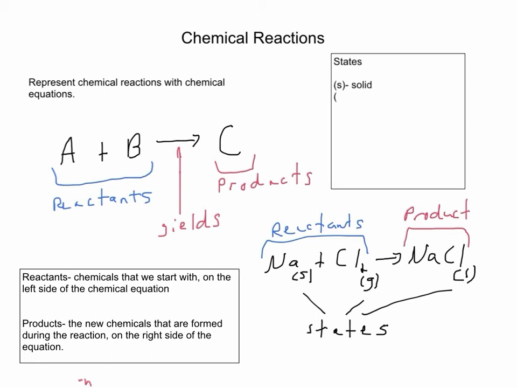We also have l, and l is liquid. We have g, and that's going to stand for gas. And the last state that we could have is aq, and this stands for aqueous.